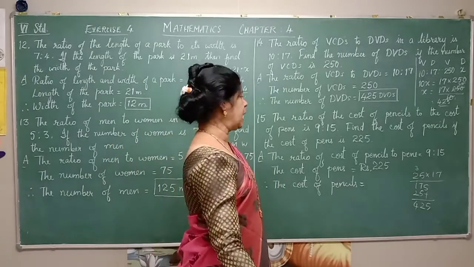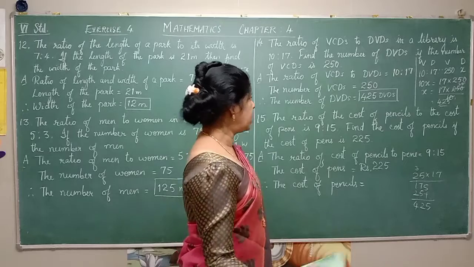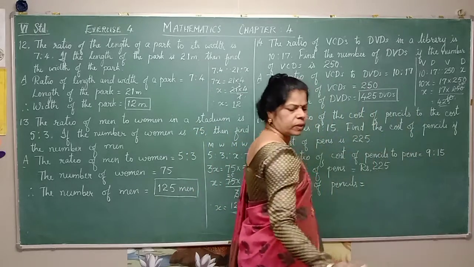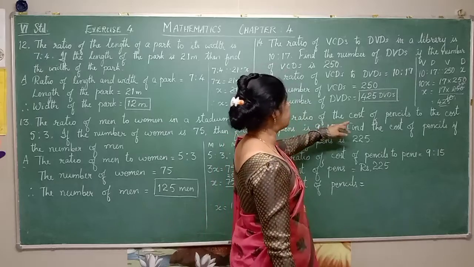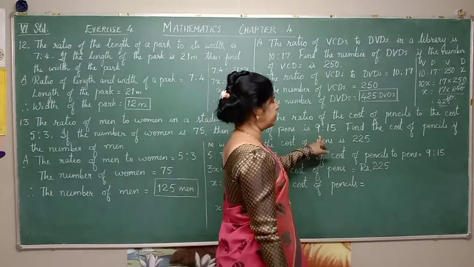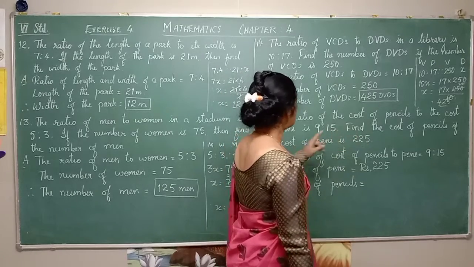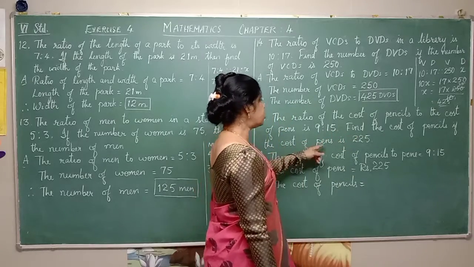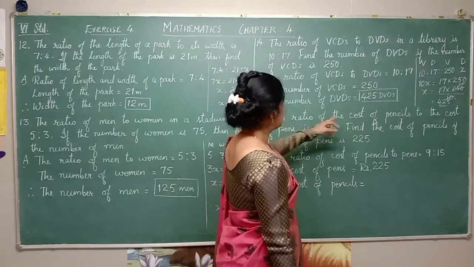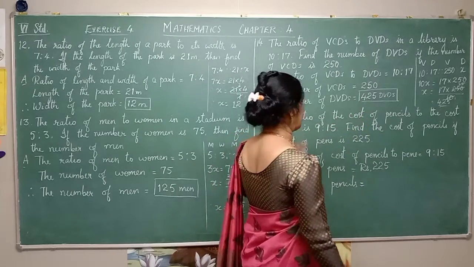Now let us go for the next sum. The ratio of the cost of pencils to the cost of pens is 9:15. Find the cost of pencils. The cost of pens is 225. Now, cost of pencils to pens.